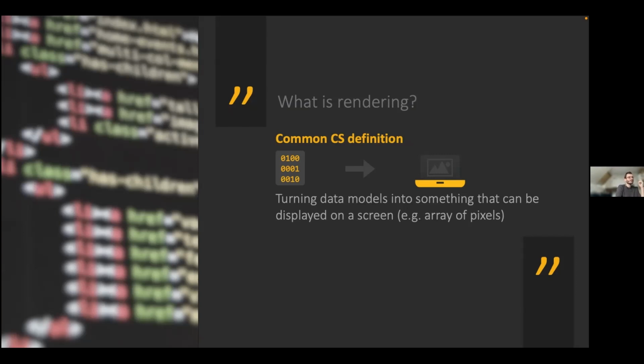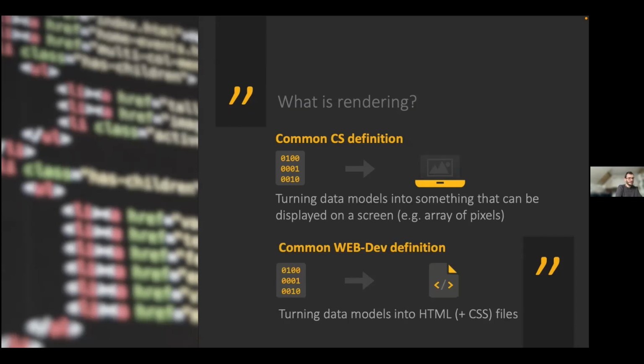But in terms of web development, we usually mean turning some data model into HTML and CSS. So HTML and CSS is kind of our intermediate language. We seldom author it in a raw manner.